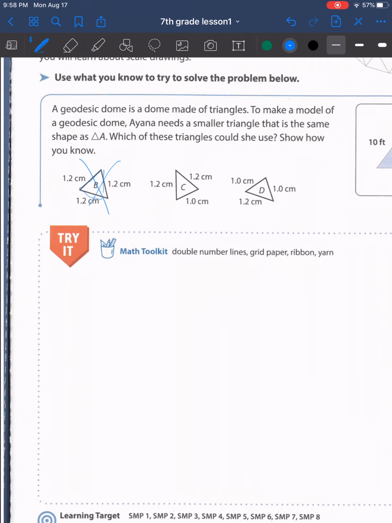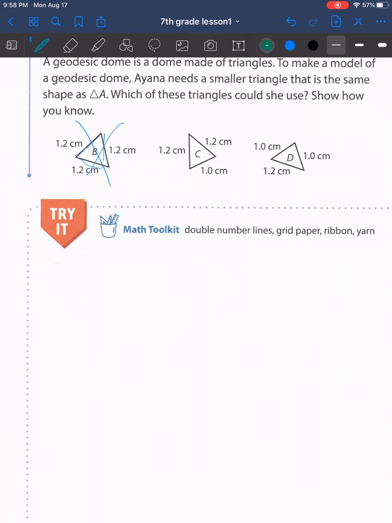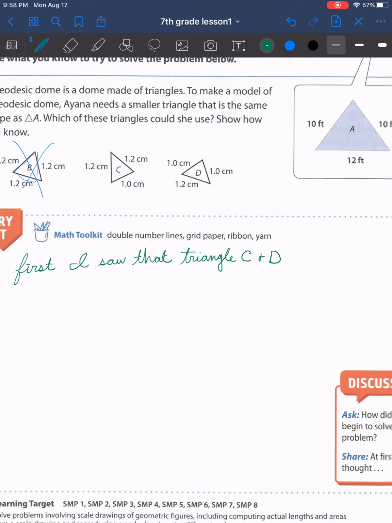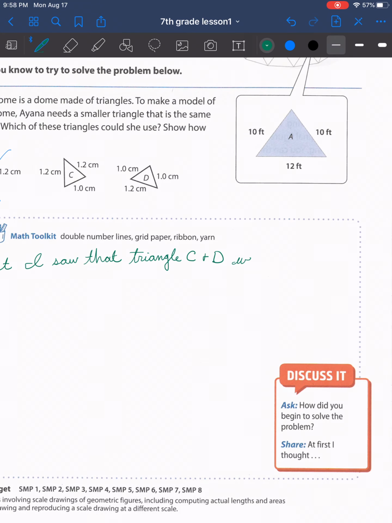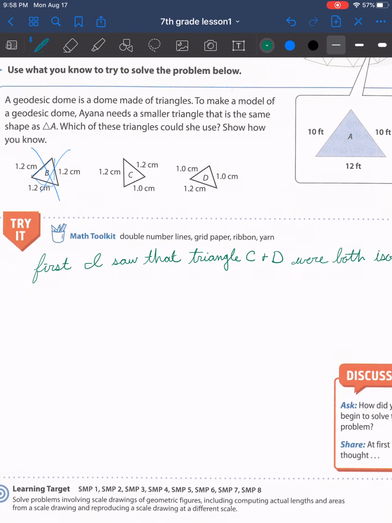So let's go ahead and put that down. Let's say first I saw that triangle C and D were both isosceles triangles.